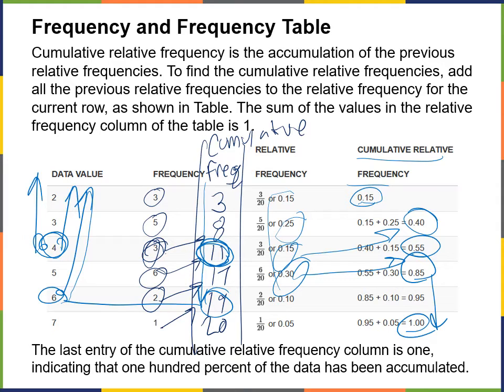Again, it's decimals, it's not percent, so it would be just 1, but if you multiply everything by 100, you get to your 100%. And so, it's sort of the same reason. You could do it with the relative or regular frequencies, but the whole approach of the cumulative is to add up your frequencies as you go to figure out how many data values fit that class or less.